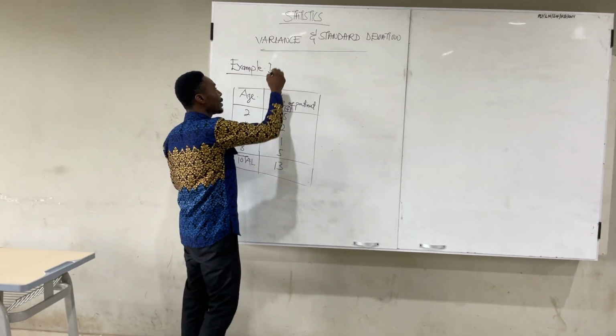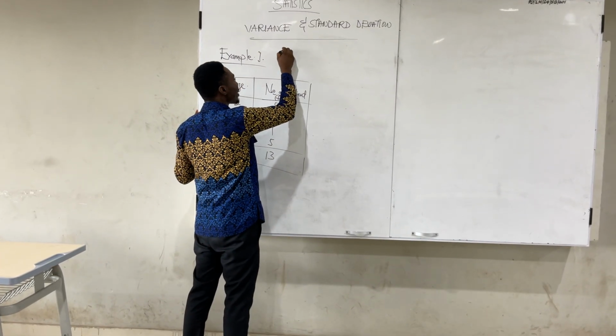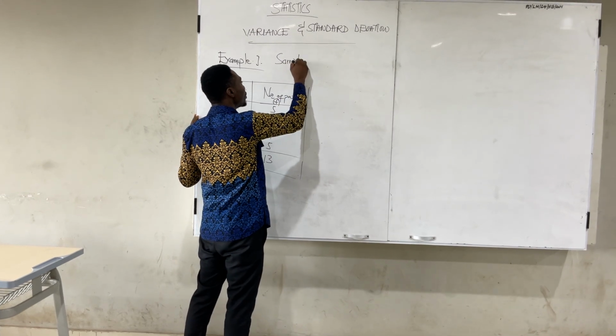Now let's assume, for this example, that this is a sample frequency distribution table.